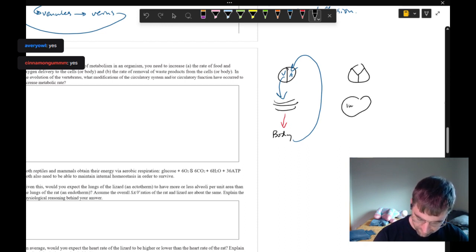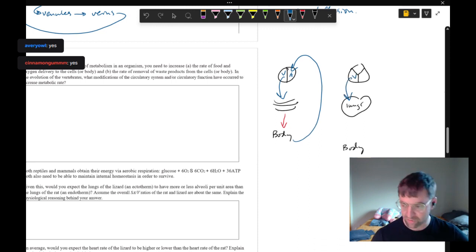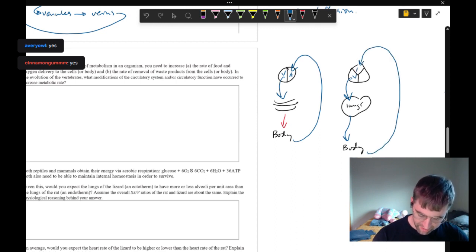Come on, lungs, the rest of the body. So we have a similar situation where we have a ventricle pushing to the lungs and to the rest of the body, back to an atrium.